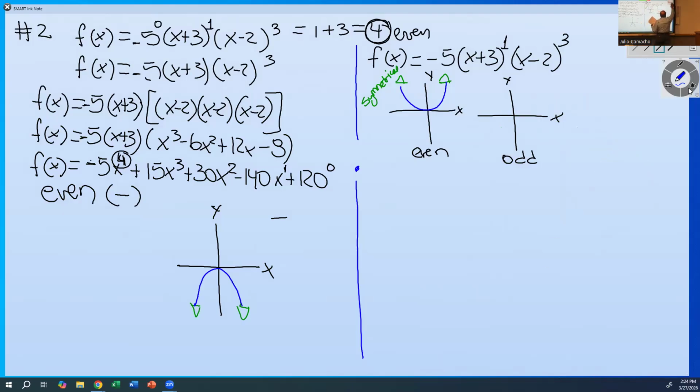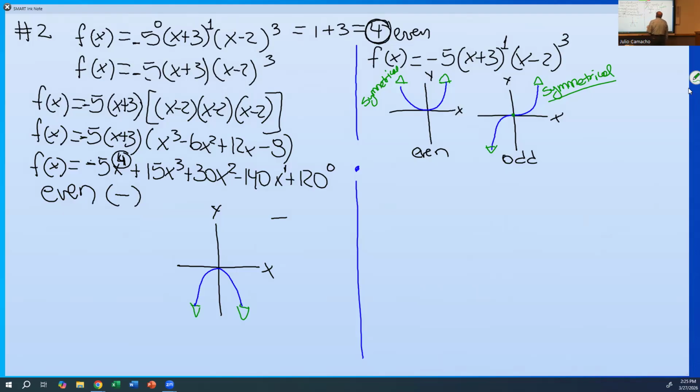Let me put the blue line, and all the odds are symmetrical to the origin. So the even are symmetrical to the y-axis, and all the odds are symmetrical to the origin. The origin is this point 0, 0.